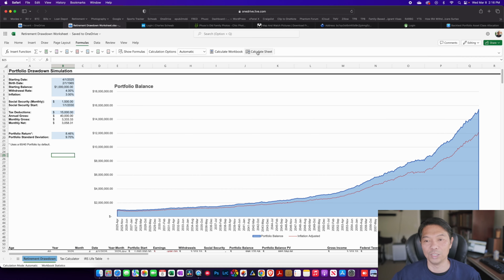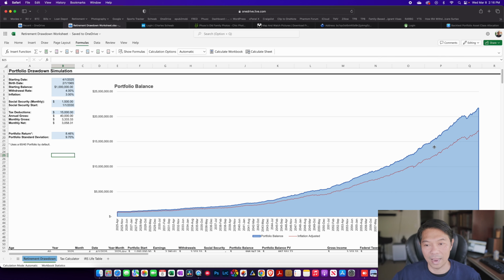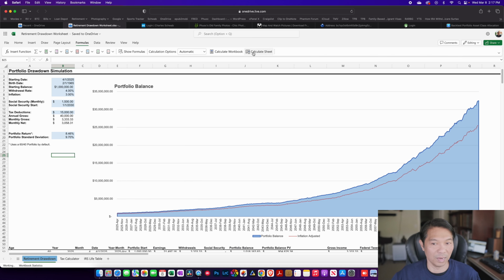Every time I calculate sheet, you can see that even by the end of retirement in 2070, which is like 45 years out or whatever, you're getting a positive portfolio balance, which basically means that withdrawing this amount and getting Social Security in this year works. So I can just keep doing it.